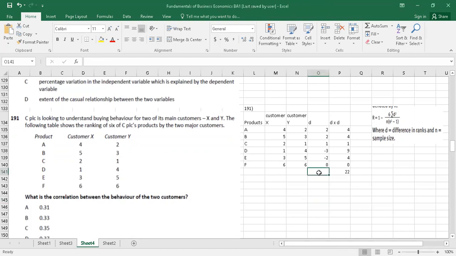D square is equal to D to the power of 2.